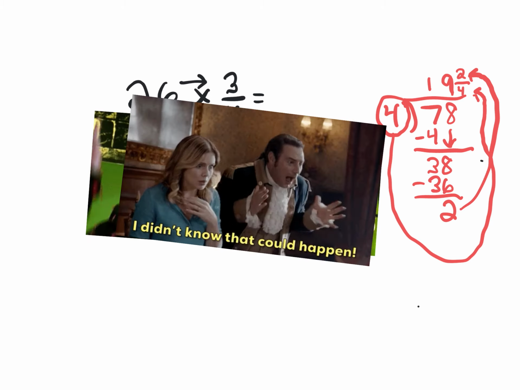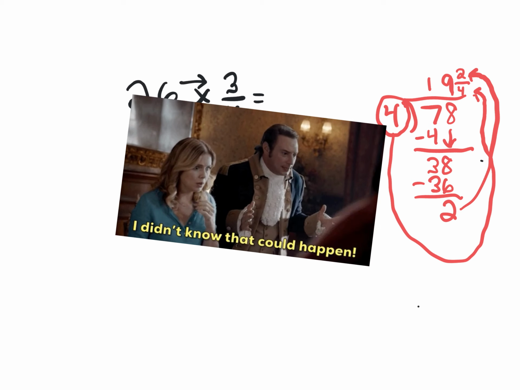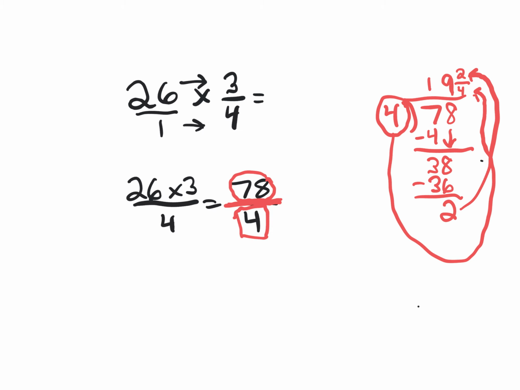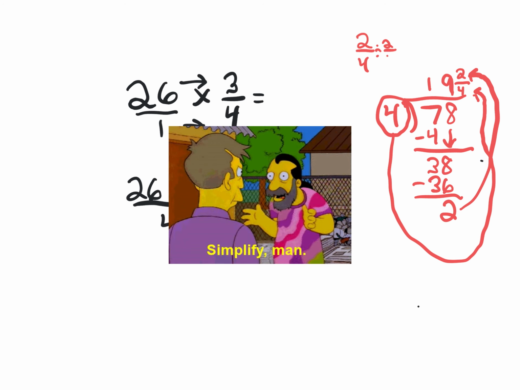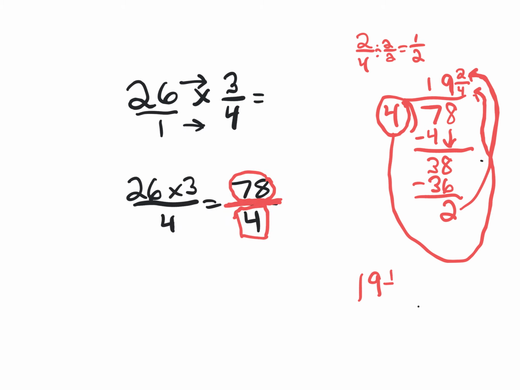So you can do this all the time with remainders. You take the remainder and put it over the divisor, and that's the fraction that's left over. So we have 19 and 2/4. Now, right away, when I see 19 and 2/4, I notice that 2/4 can be divided by 2 over 2 to simplify. So we have 19 and 1/2.